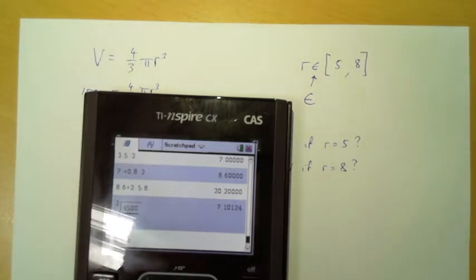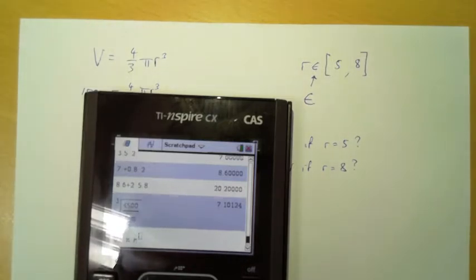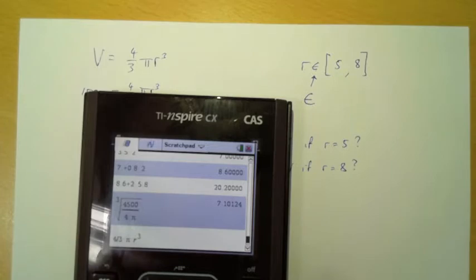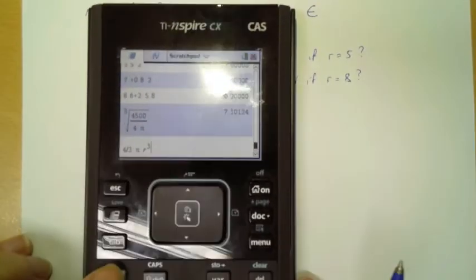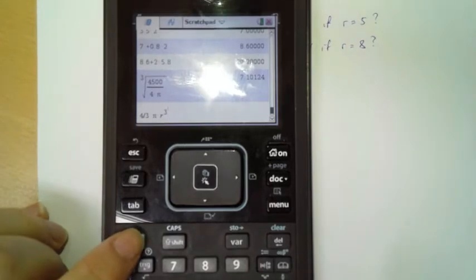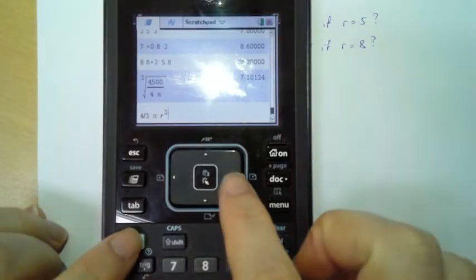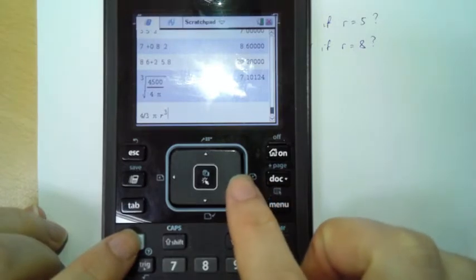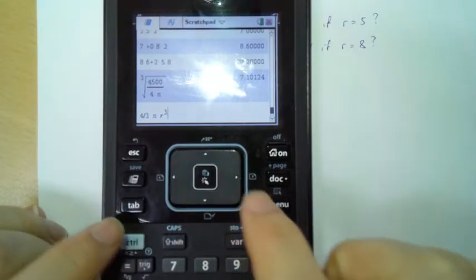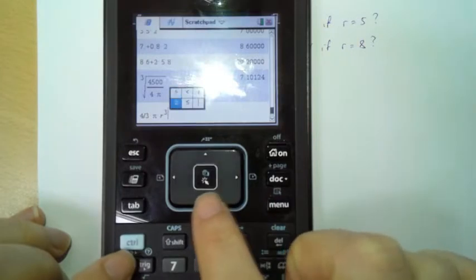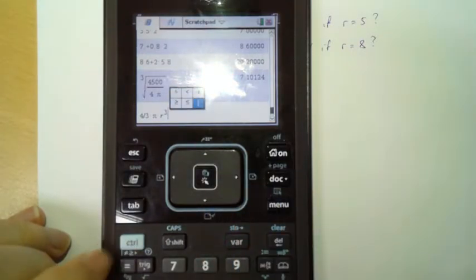With the control button, I take this vertical line here.